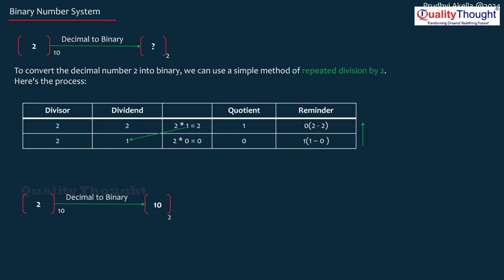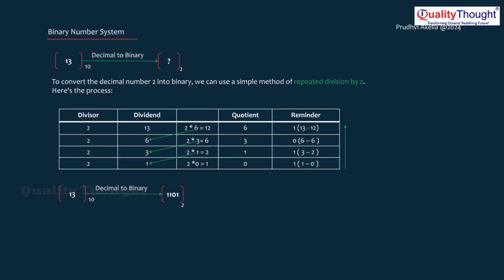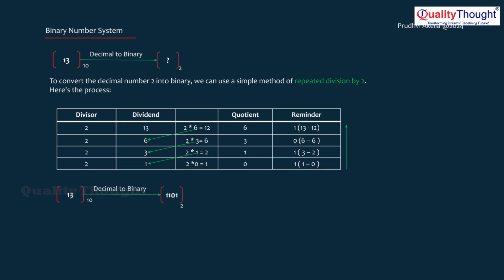Now you need to take all the remainders and write the sequence from bottom to top, from the most significant bit to the least significant bit. It looks like this: 1, 0. So the binary conversion of decimal 2 is 10.